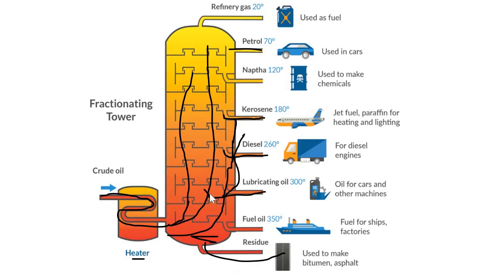Now see here, the refinery gas, that is petroleum gas. The compounds in the liquid petroleum gas fraction have very low boiling points and don't turn back to the liquid state. See here, it is burnt at 20 degrees Celsius. It contains 1 to 4 carbon atoms.